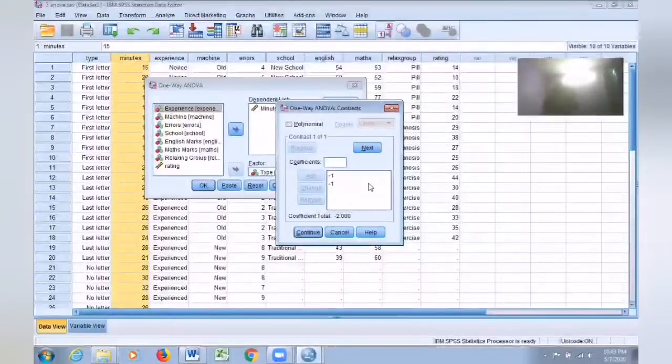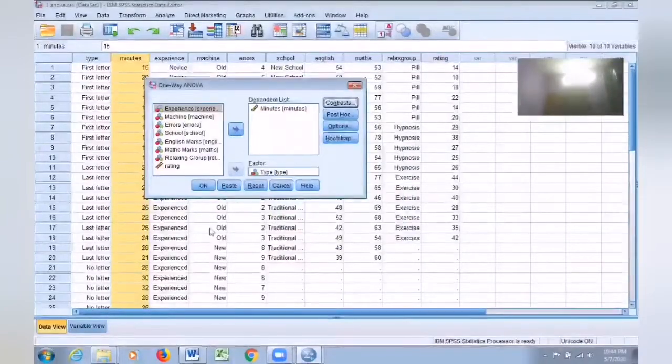This group will be compared with the other group, namely the no letter group. So I just type to add, so that the coefficient total is always 0. Here you can put any number, maybe -5 and plus 10, or -100 and plus 200. But the result should be that the coefficient total is 0. So I have decided to have a planned comparison.